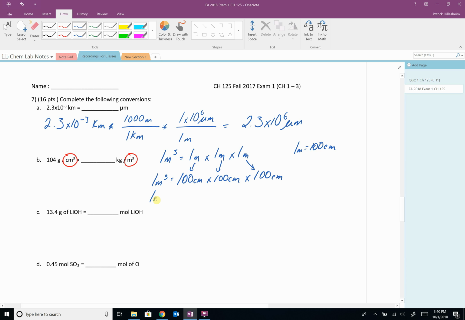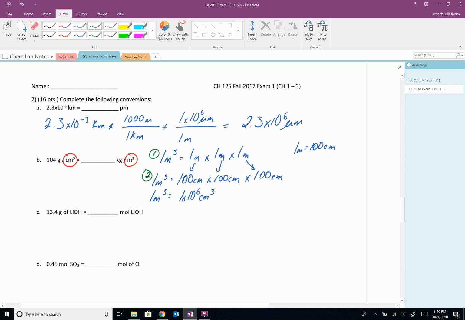And so if we wrap this up, 1 cubic meter is equal to 1 times 10 to the 6th cubic centimeters, or 1 million cubic centimeters. So follow along with this. Let me just change colors real quick. Green, right? 1 cubic meter means 1 meter times 1 meter times 1 meter.